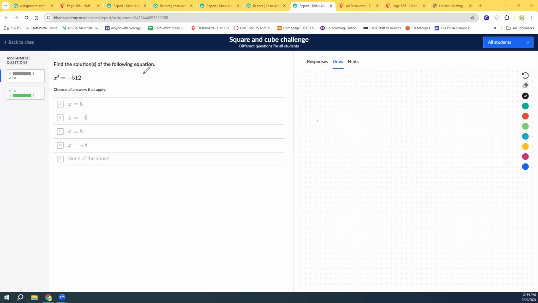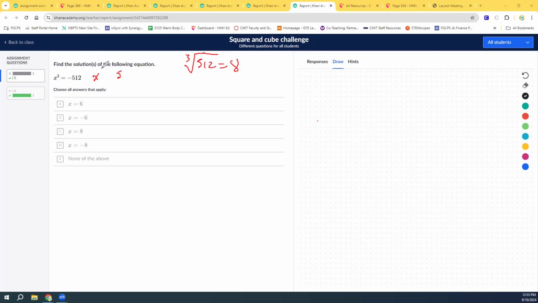Find the solutions of the following equation. X cubed equals negative 512. And 512, what was that? Was that 8? Let me go through it again. I erased my list. Yes, 8. Okay, so the cube root of 512 is 8. That's what I was trying to remember.